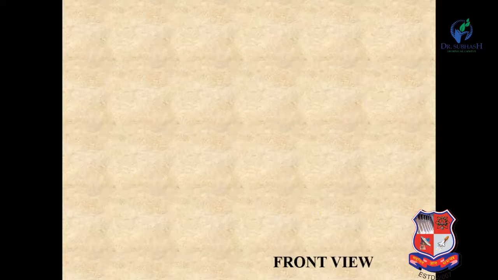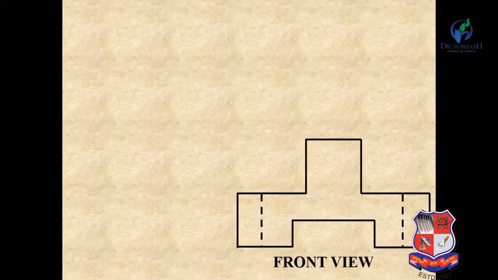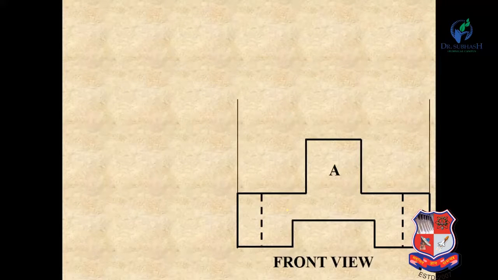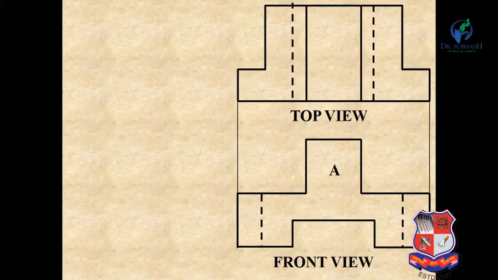Now let us first draw the front view. In third angle projection method, the front view is below the XY line, the top view is above the XY line, and the left hand side view is to the left of the front view. So first of all draw this front view, portion A. Then draw the projections for the top view. Now you can see the top view of that object, which is above the XY line. These two are dash lines which show the hidden part.